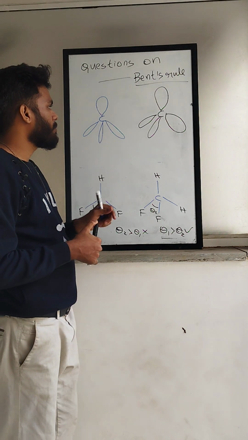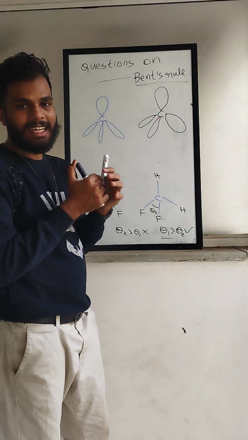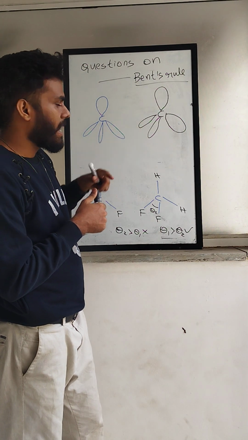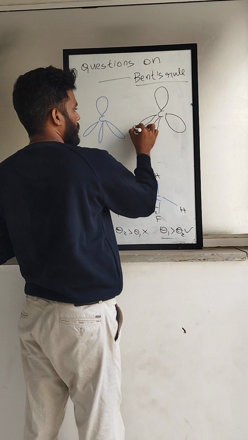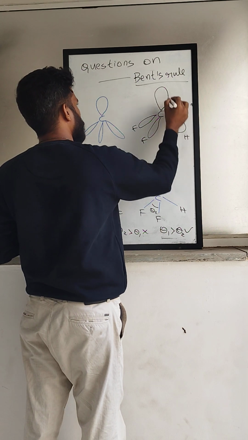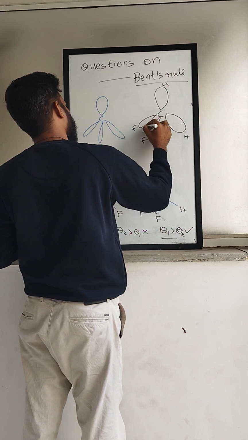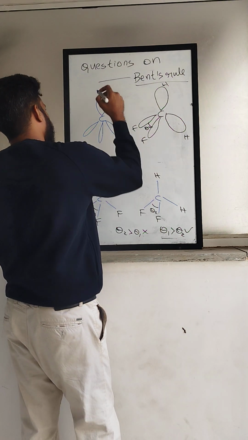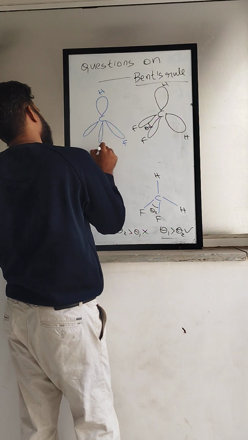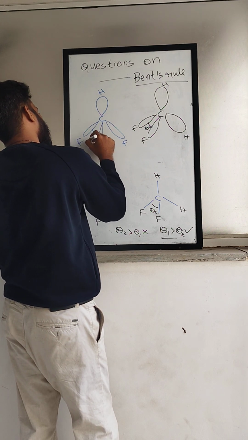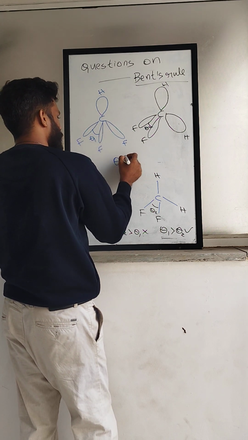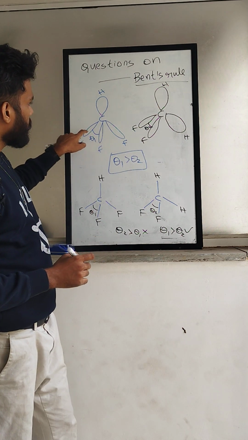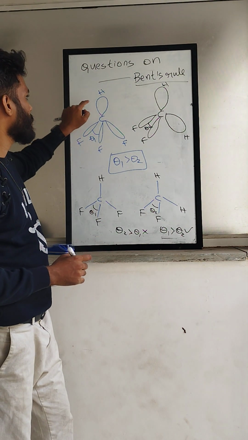So where do you have more steric repulsion? You have it here. So that's why this angle is theta 2, and here you have hydrogen, fluorine, and this is theta 1. That's why theta 1 is greater than theta 2, because here we have three slender orbitals and one bulky orbital.